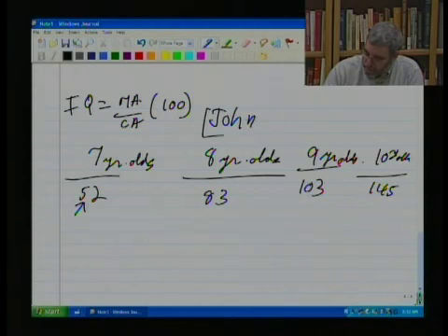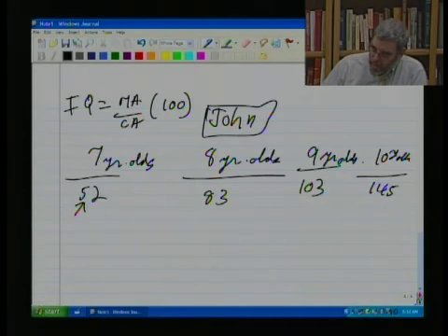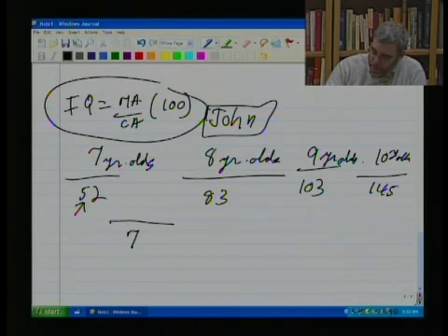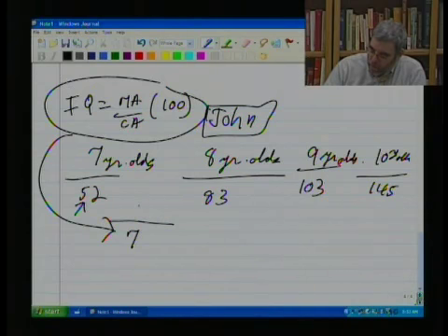Let's take John. John is 7 years old. That's his chronological age. I'm going to take this formula and stick it down here. What's his mental age if he got 52 right? 7.